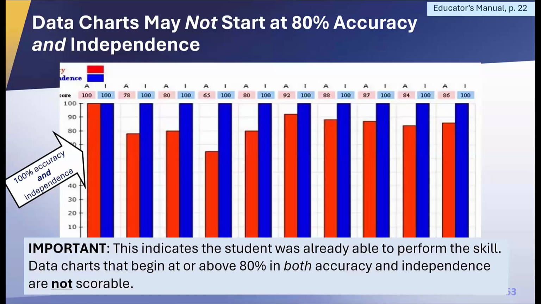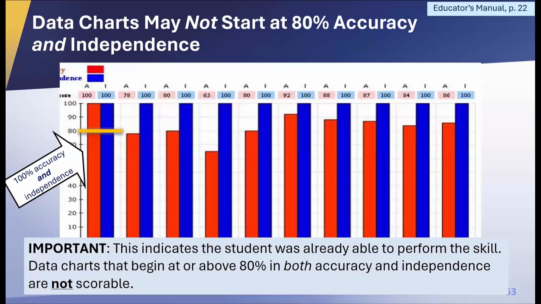Now, if it's just a blip, like maybe lucky guesses, don't use it. Start where they are, try it another day. But if that first one is 80% in both accuracy and independence, it won't be scored.